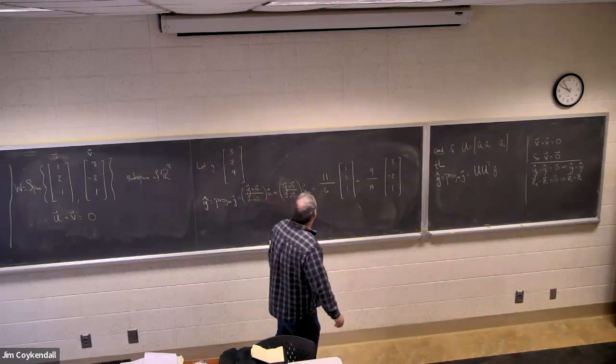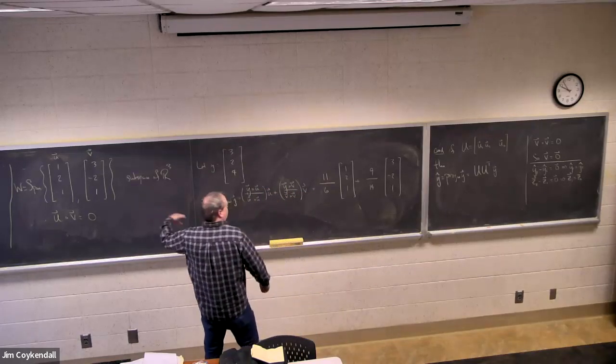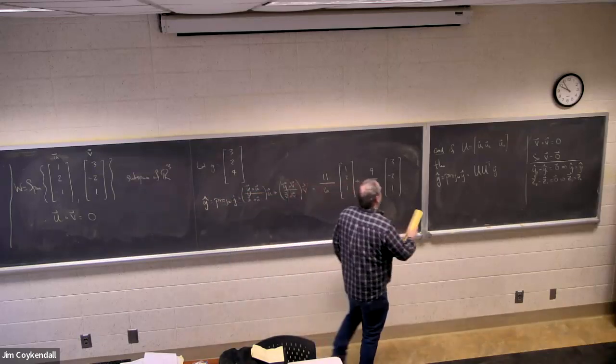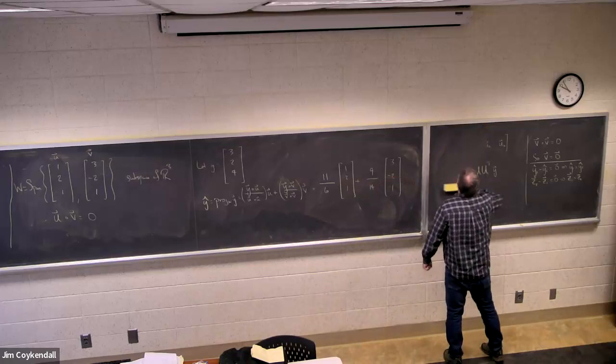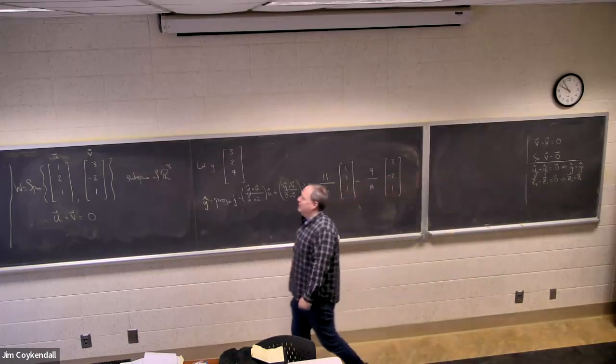But this vector right here is a linear combination of these two, so it's in W. So let me ask you this.